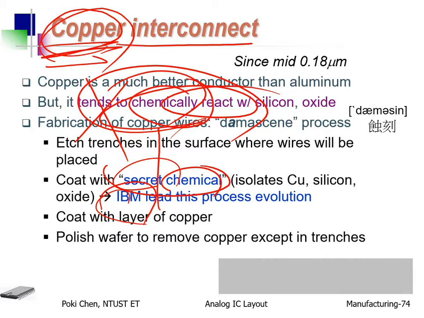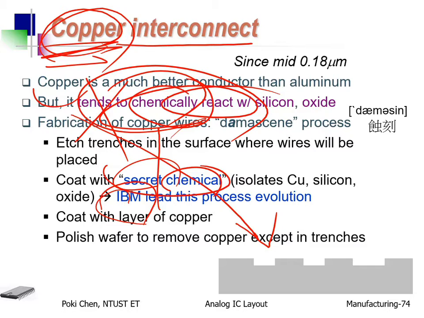So allow me to show you this, some kind of silicon layer. I don't care, monosilicon, polysilicon, or silicon dioxide. Sorry for that. Copper will always interact with that. That is really upsetting, right?